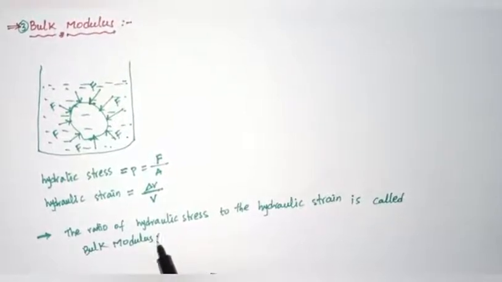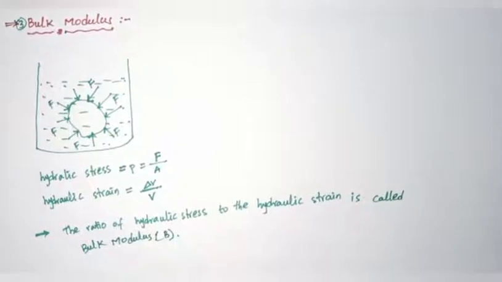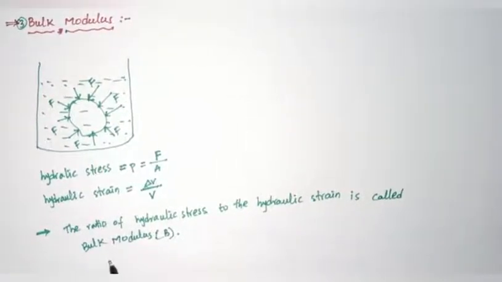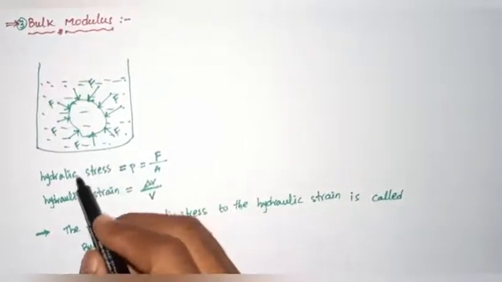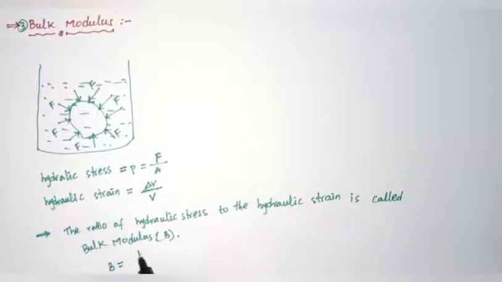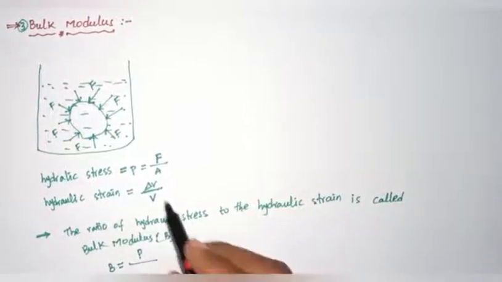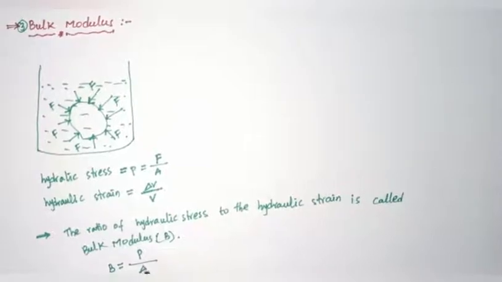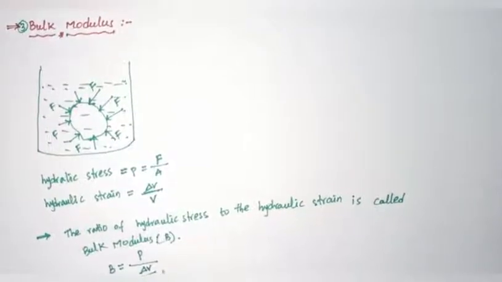This bulk modulus is denoted with B. So B equals hydraulic stress, which is P, by hydraulic strain, which is delta V by V.